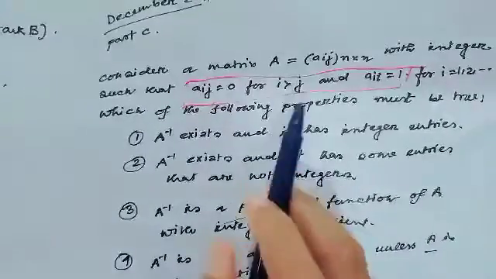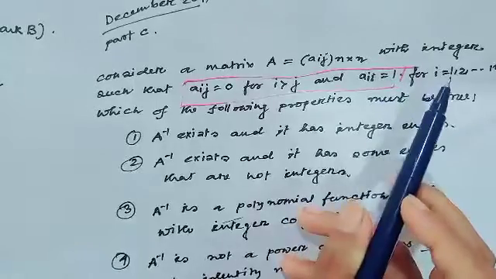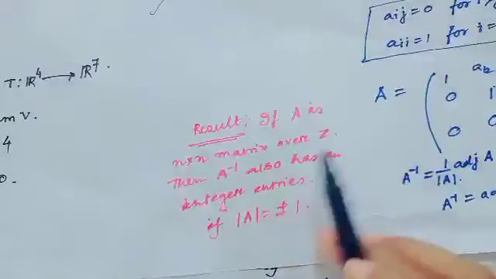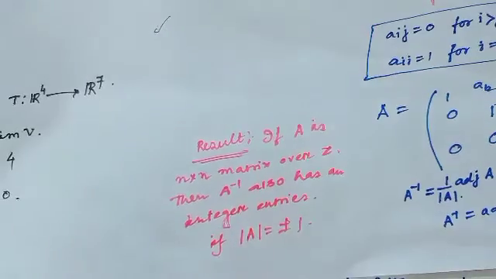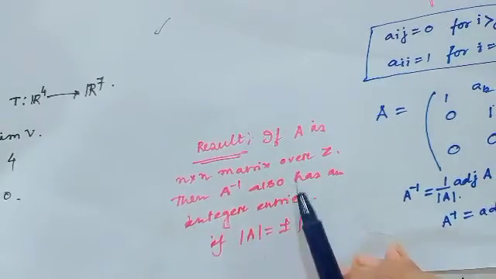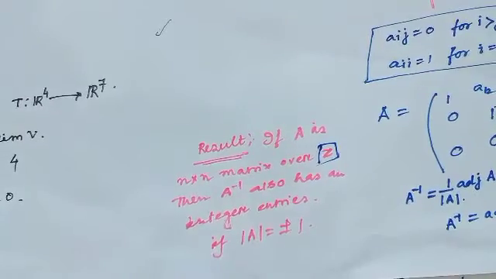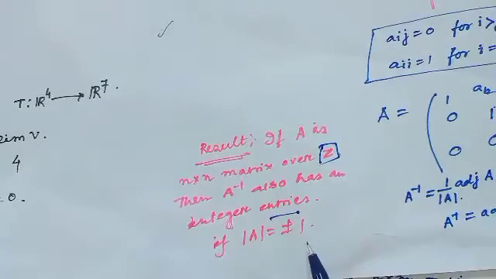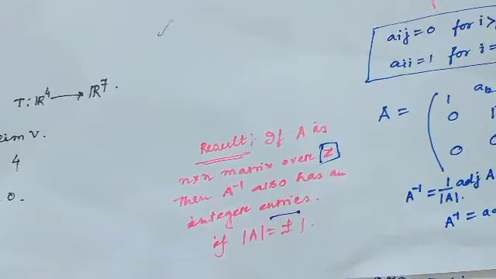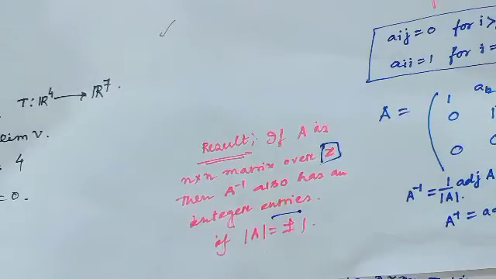And notice here the considered matrix has integer entries. So remember this result which I told you a few minutes ago. The result is, if A is an n cross n matrix over integers, then A inverse also has integer entries if determinant of A is equal to plus minus 1. I had discussed this result a few minutes ago in my previous example.